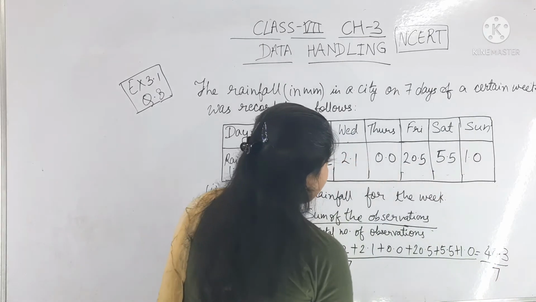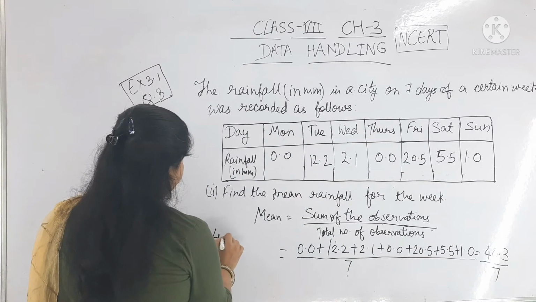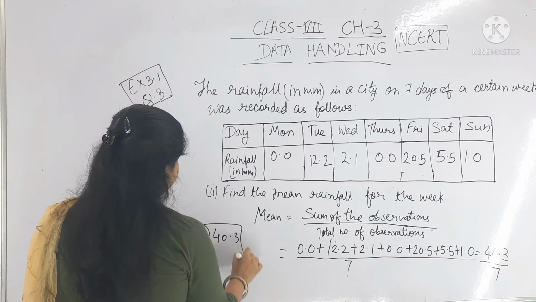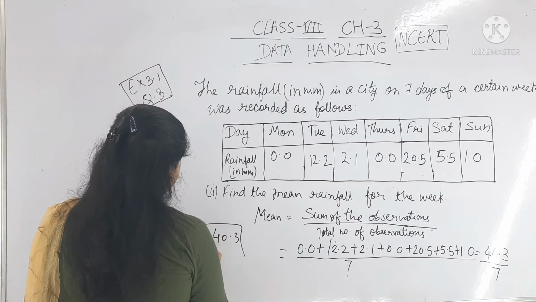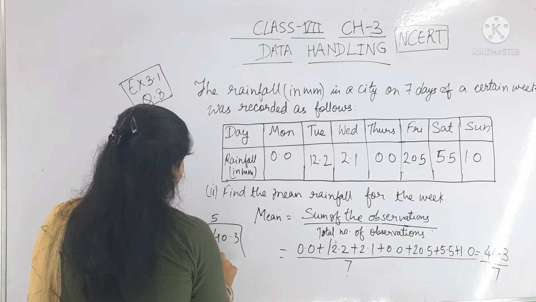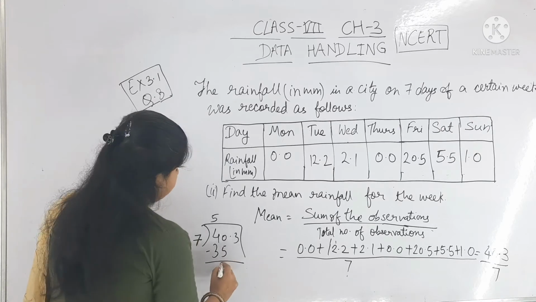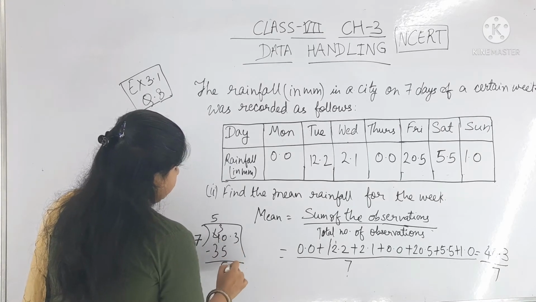Okay, so we have to divide 40.3 by 7. 7 5s are 35. We have to subtract this. 3 minus 3 is 0.